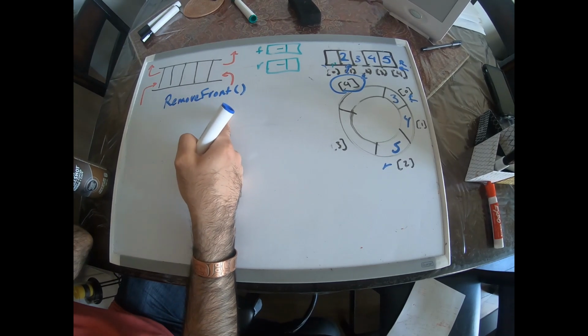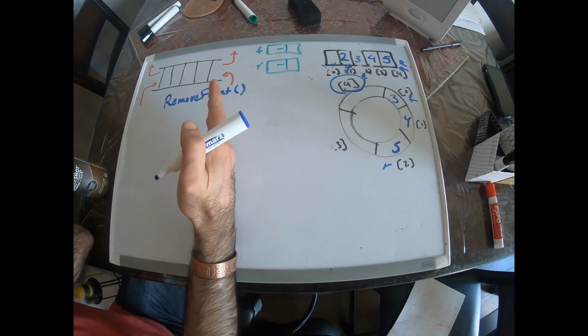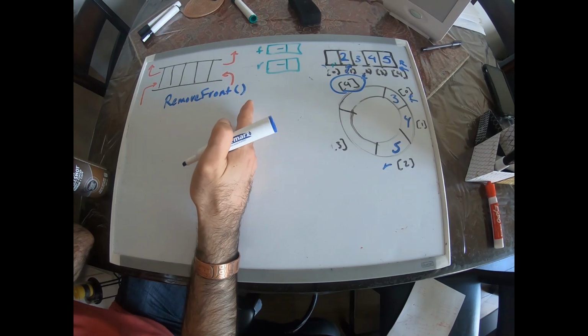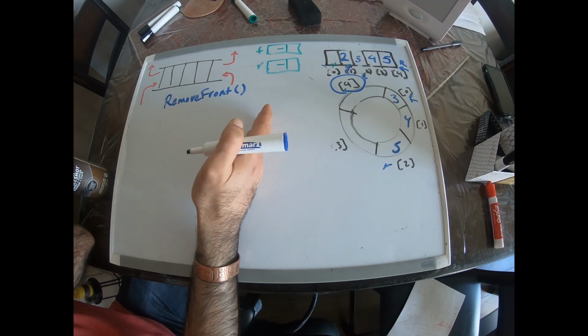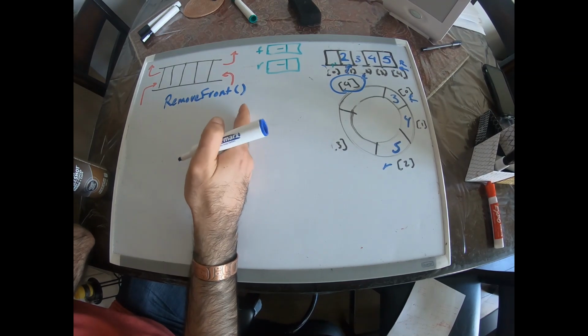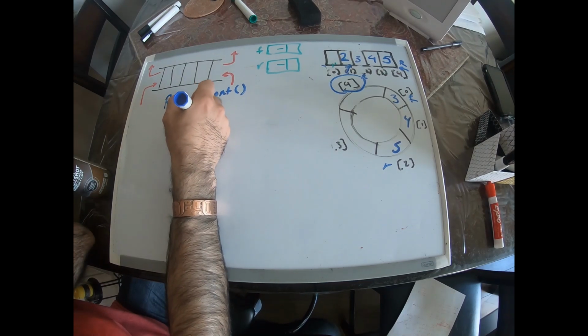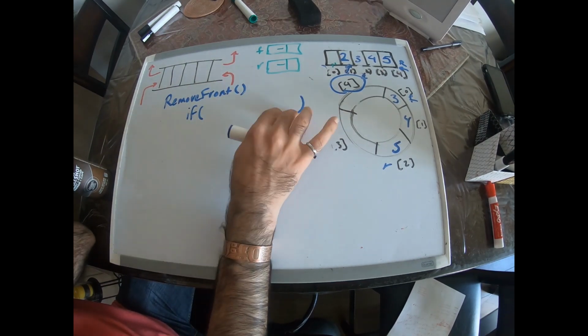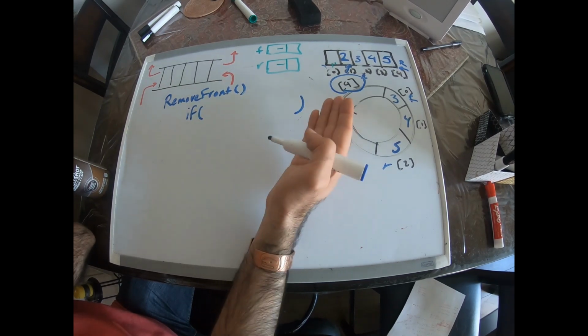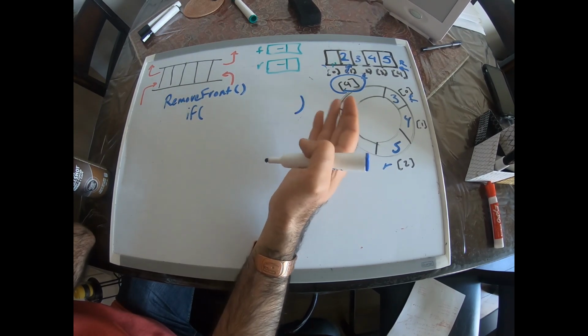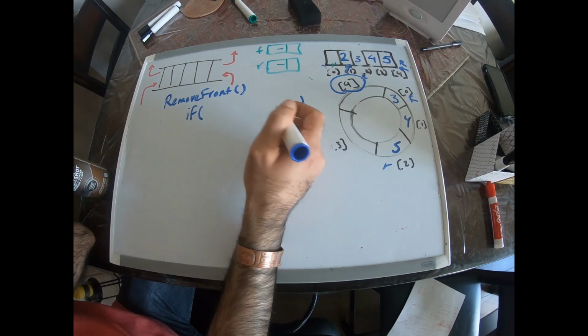So, when you want to DQ, when you want to remove, what is the precondition? What should we check? We should check if the array or the deck is empty. If it is empty, we can't DQ anything. We can't remove anything, right? How do we know?